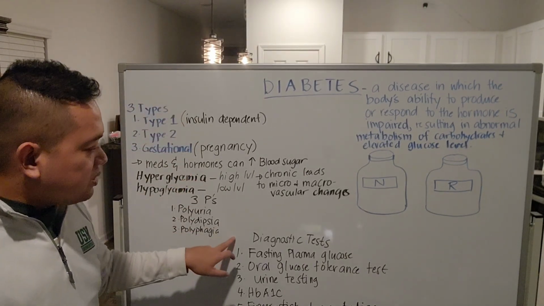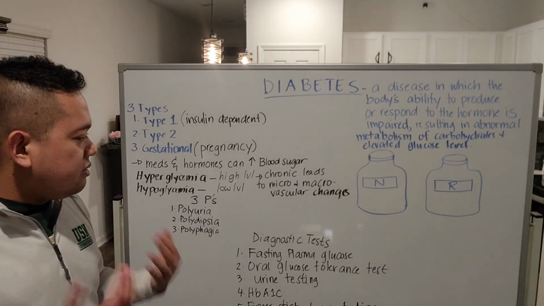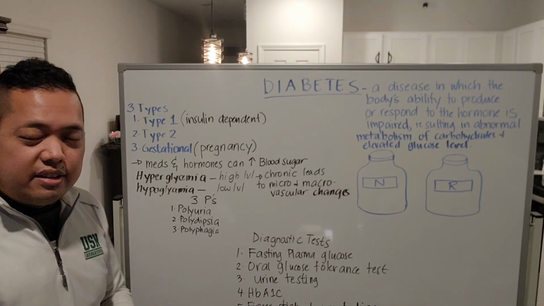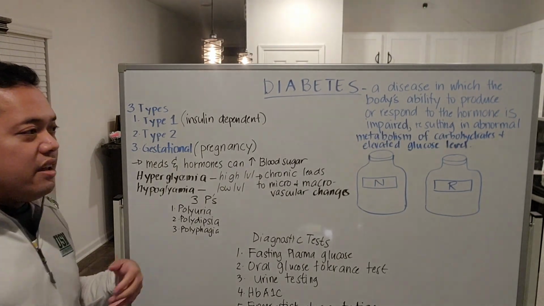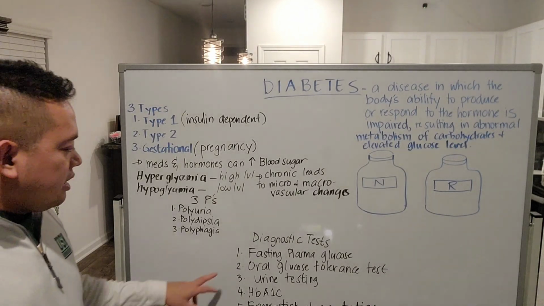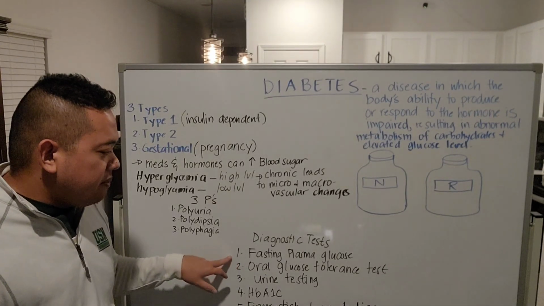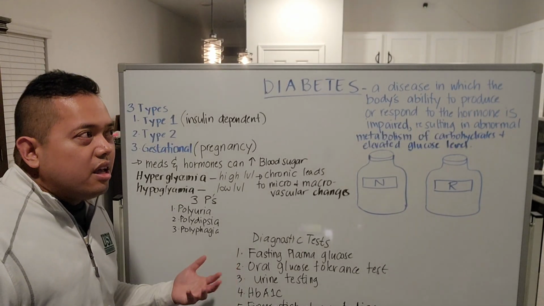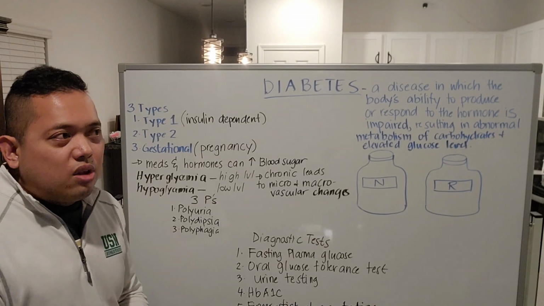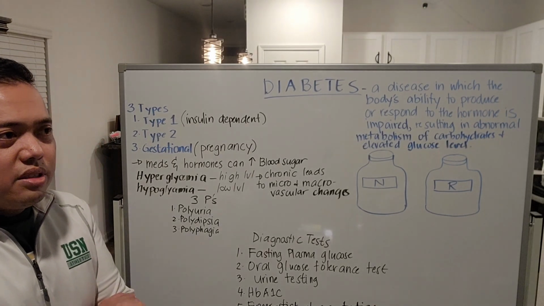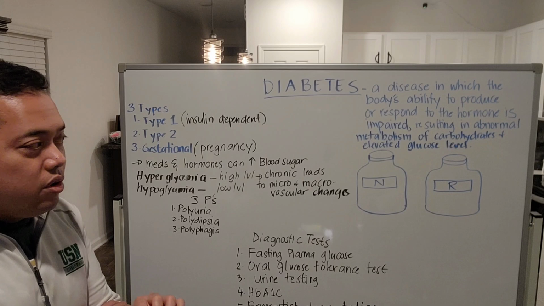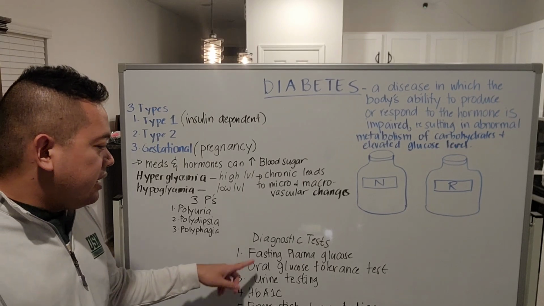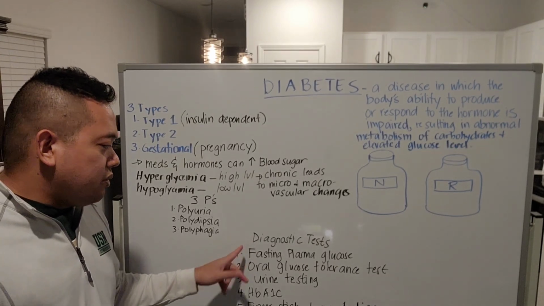There are certain tests that help healthcare providers diagnose if someone is diabetic. It can be through fasting plasma glucose. You have to fast 8 to 12 hours the night before, so you can only drink water, and then they take your fasting plasma glucose.